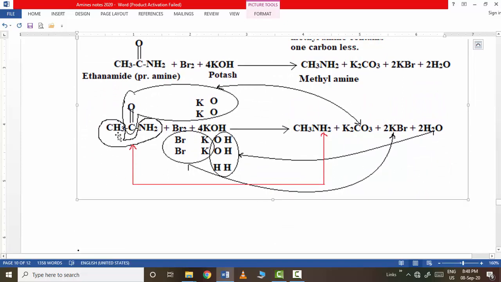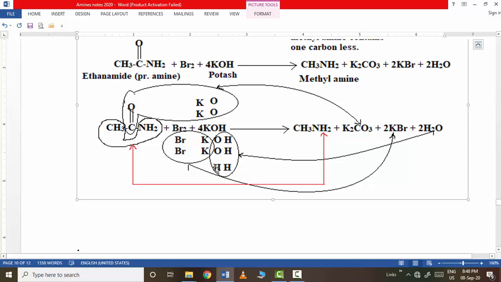So in this reaction you can see CH3CONH2, Br2, so 2 bromine molecules. I have written separately, split into 2 bromine molecules. 4 potassium, so 1 2 3 4 potassium, there will be 4 oxygen, 1 2 3 4 oxygen, there will be 4 hydrogen, 1 2 3 4 hydrogen. So 2 bromine molecules and the 2 potassium will combine to form 2 KBr. Then this hydrogen combined with oxygen to form the water molecule.